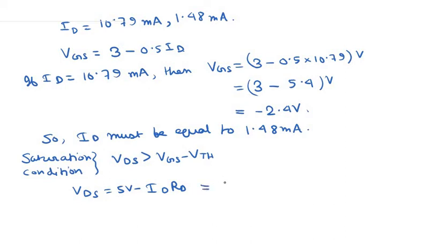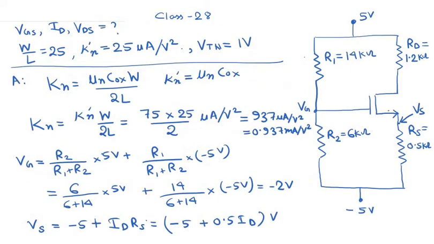So VDS is basically equal to 5 volts minus ID, which is 1.48 milliamperes, into RD, and RD is equal to 1.2 kilo ohms. Actually, there is also a voltage drop across this resistor Rs.